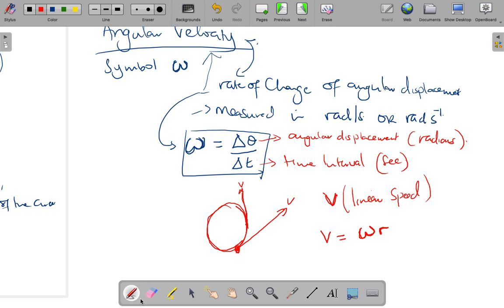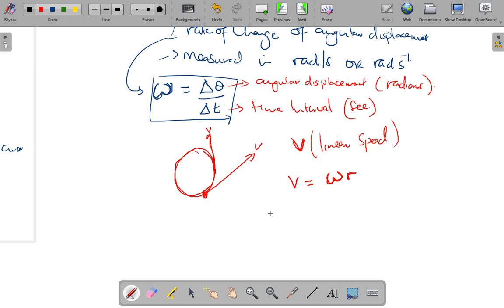Where this v here is the linear speed, and this omega is the angular speed.